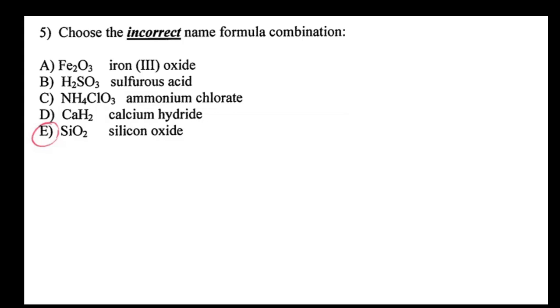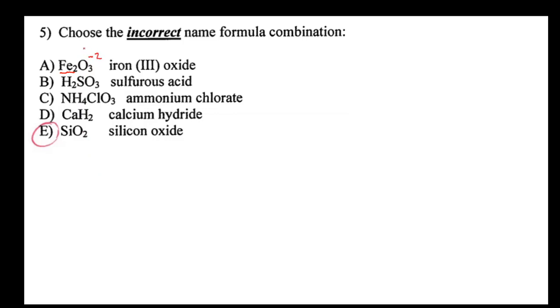Okay, so choose the incorrect formula or name-formula combination. Looking at our first one here, this is iron something oxide. Remember, iron can have a charge of +2 or +3, so you need to specify what that is. Just looking at this one, we're going to have 3 oxygens, and oxygen always has a charge of -2.